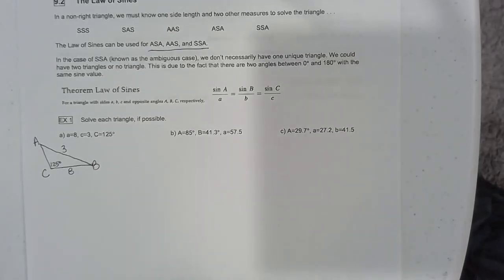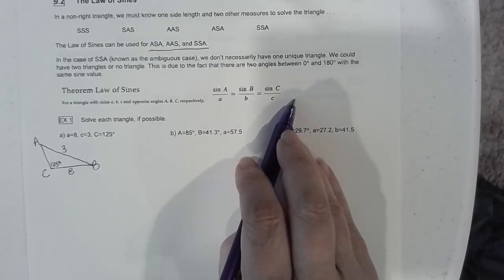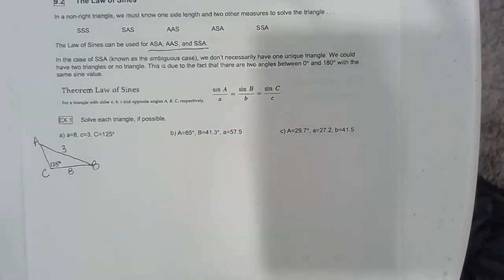So when I use the law of sines, we don't actually use all three pieces together. We just choose two of the three. It depends on which angles and sides we're given.